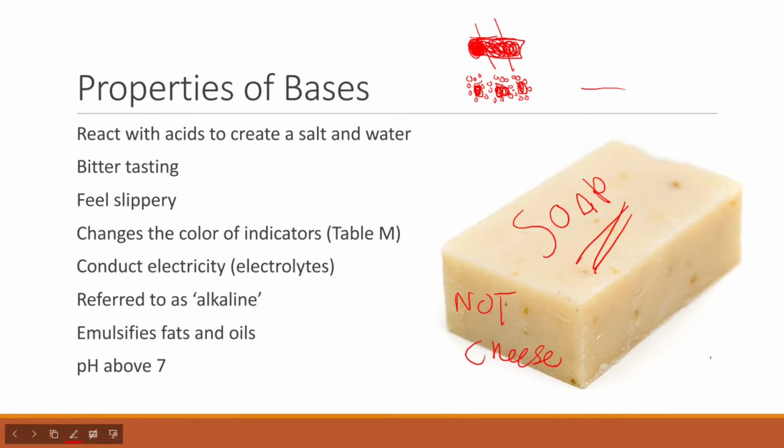The water will come through, like a shower, and it'll take this whole thing and wash it off of your skin. So the water can't interact with the fat or the oil directly because of the differences in their polarity. But the water can interact with the little pieces of the base because of the polarity of the base. So it creates an intermediary for it to attach and then get washed away.